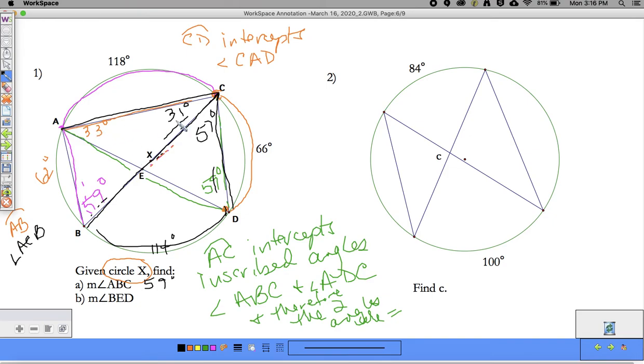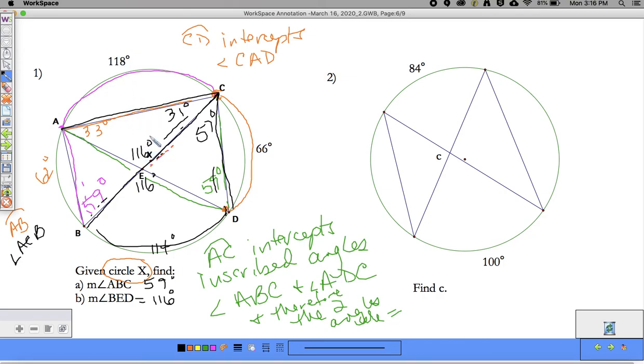So I'm just going to do 33 plus 31, and 180 minus that is 116. So this is going to be 116, and this is going to be vertical to it, and it is going to be 116. So this is equal to 116 degrees.